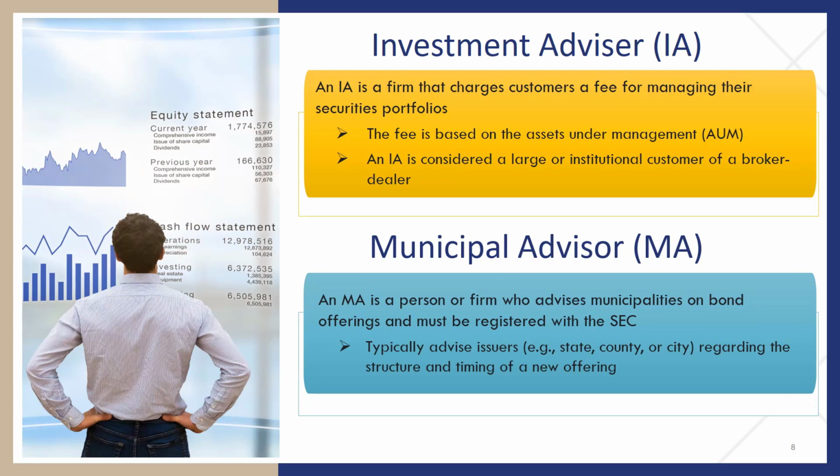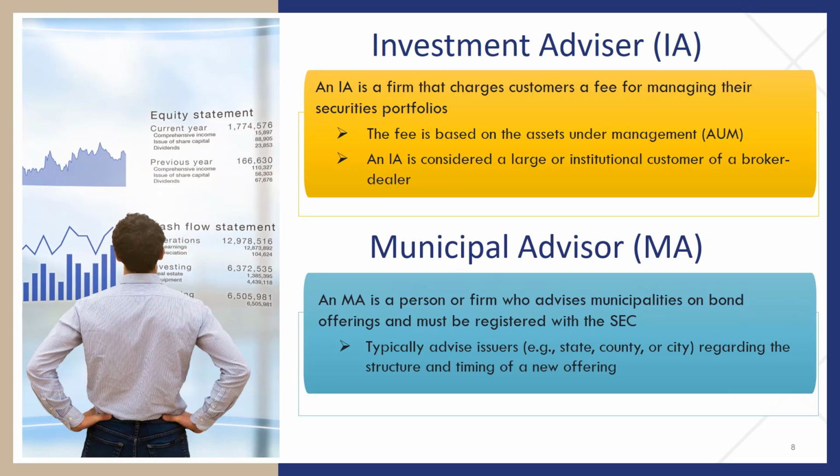So, for example, let's assume your town wanted to issue bonds and use that money to build or renovate their school. Well, the people running the municipality may be very knowledgeable about things regarding the town or city or state, but in essence, they may not be experts in the municipal bond market or in the bond market to begin with.